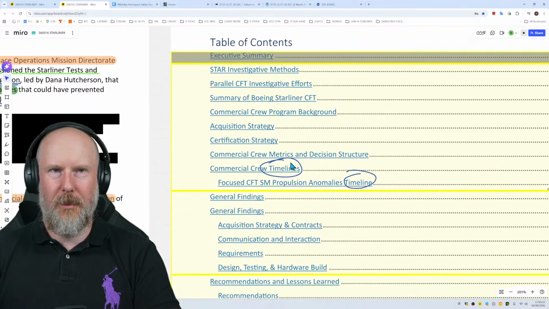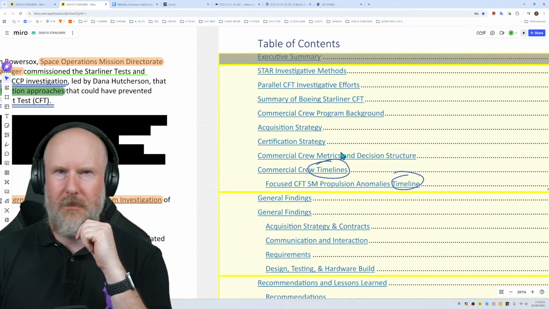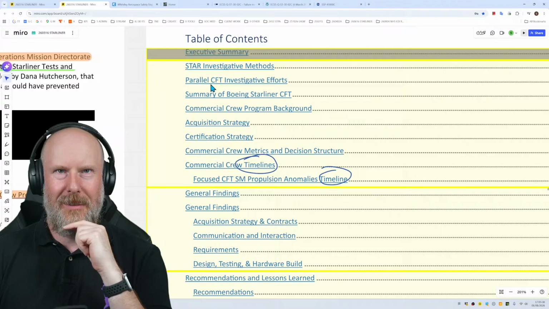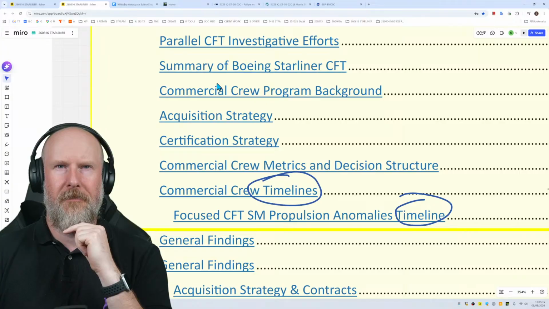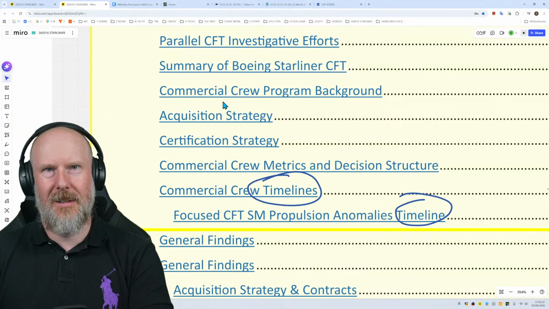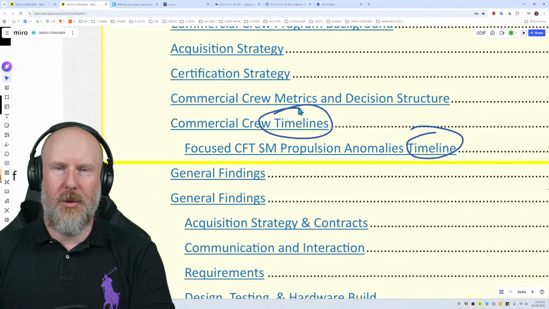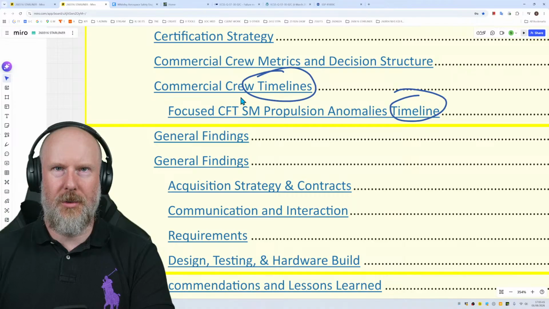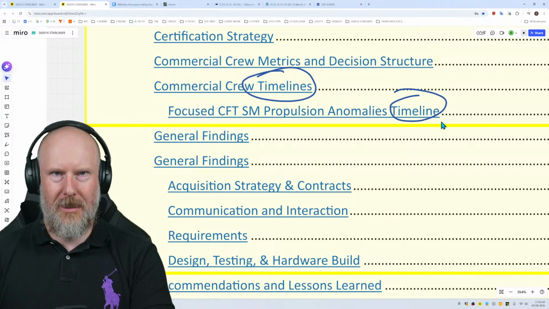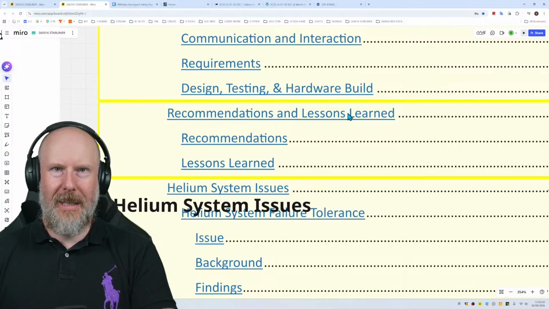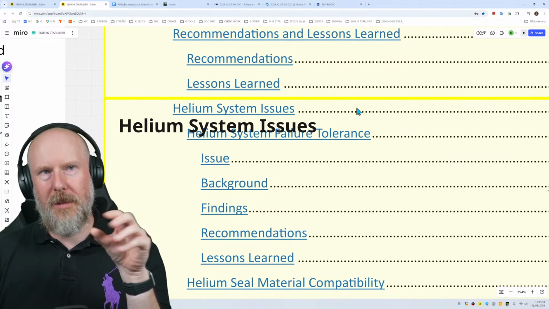Right then, so this is what the structure of the report is. We've got the executive summary, which we completed on Monday, I think, or Tuesday. Then we've got the investigative methods, parallel crew flight test investigative efforts, a summary of the Starliner crew flight test, crew commercial program background, acquisition strategy, certification strategy, commercial crew metrics and decision structure, commercial crew timelines, focused crew flight test service module propulsion anomalies timeline, general findings, recommendations and lessons learned, and then some of the specific technical issues.